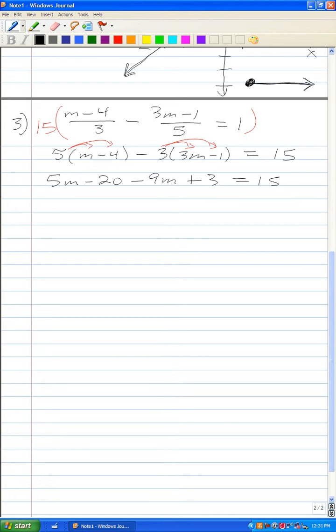Combine like terms. 5m minus 9m, negative 4m. Negative 20 plus 3, negative 17 equals 15. Let me add 17 to both sides of my equation. Negative 4m is equal to 32.